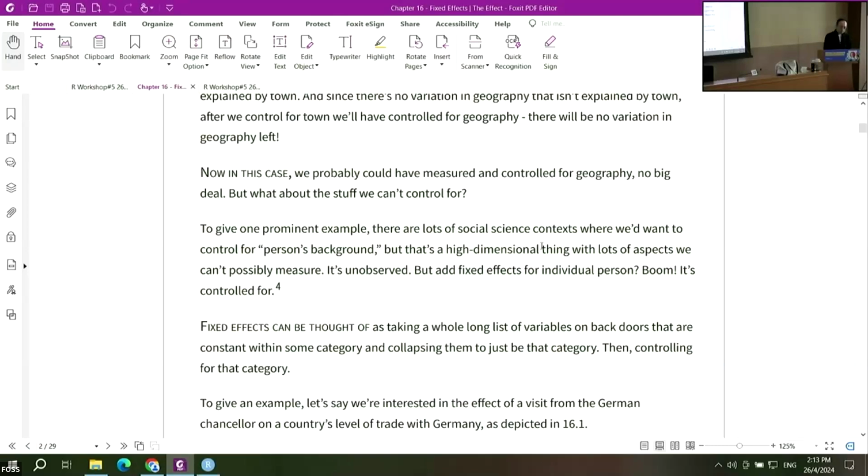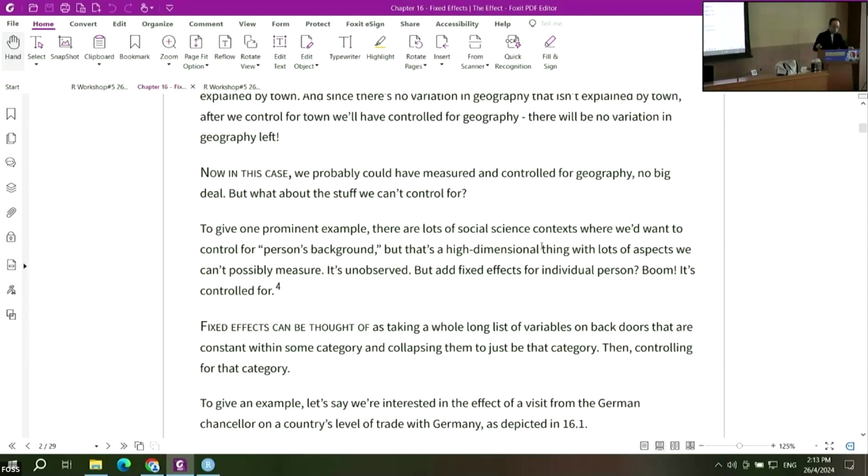That being said, these types of high dimensional characteristics of the specific person, with lots of effects we can't possibly measure because they're unobserved, we add fixed effects for the individual person. That's what we control for. We can do that at the individual level.